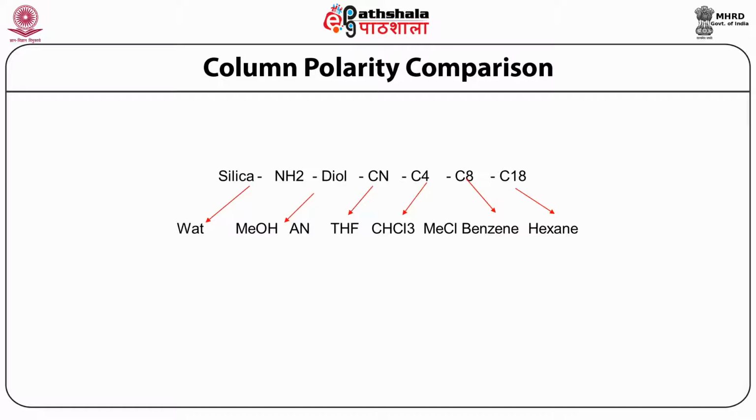Therefore, crisscrossing them, for silica we use hexane as a mobile phase, and for C18 we use water as a mobile phase. So intermediate solvents like methanol or benzene are mixed together to get a variation in the polarity, to get a smoother separation, either by adsorption or by the partition principle.